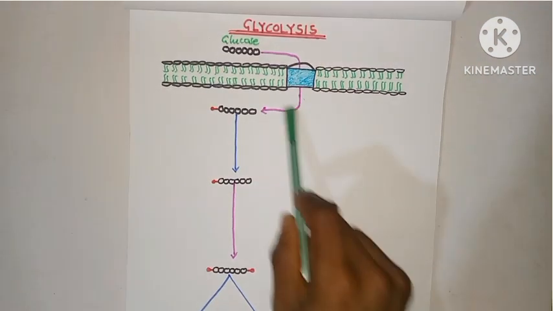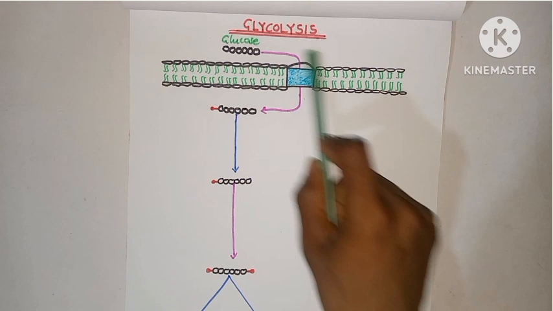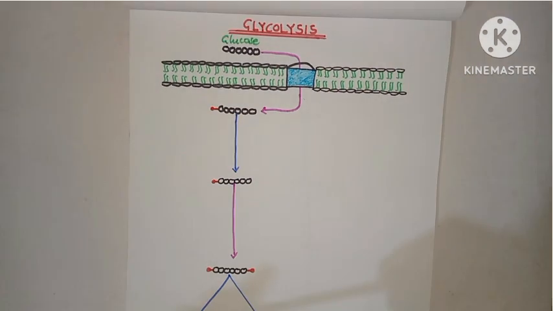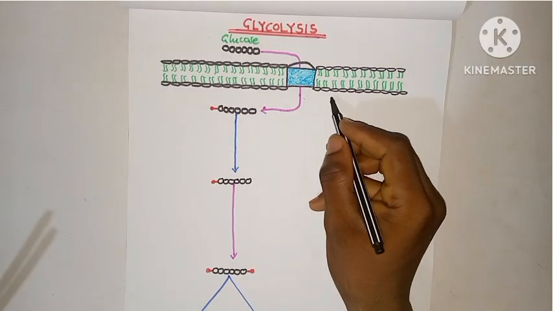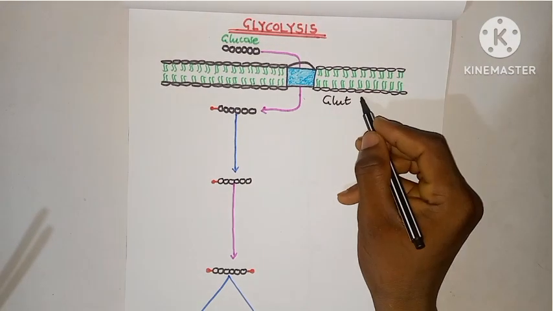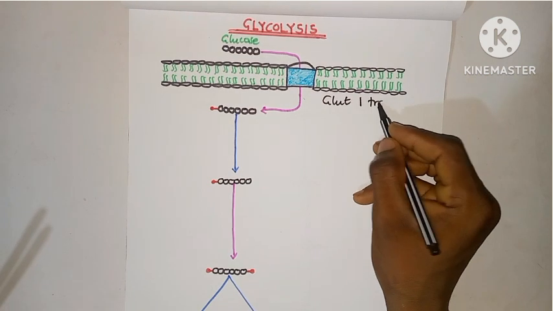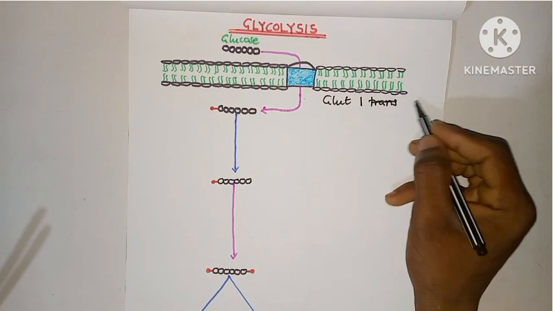With this transporter, we have so many types of them. We have GLUT1 transporter, let me write that down, GLUT1 transporter or receptor. Let me use receptor.